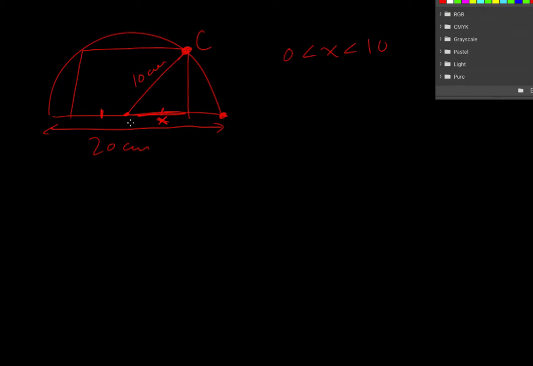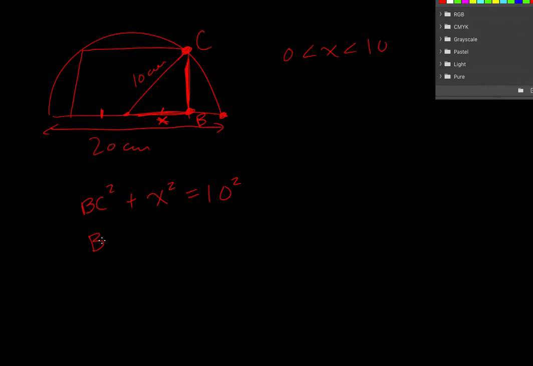Okay, now we're just going to use the Pythagorean Theorem, and let's call this B as well. So the length of BC squared plus the length of x squared is going to equal 10 squared.